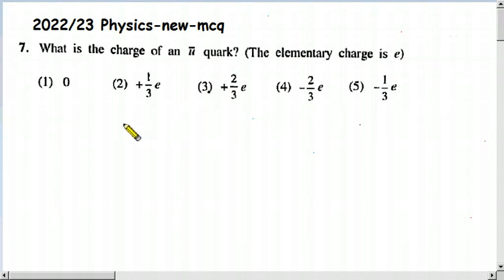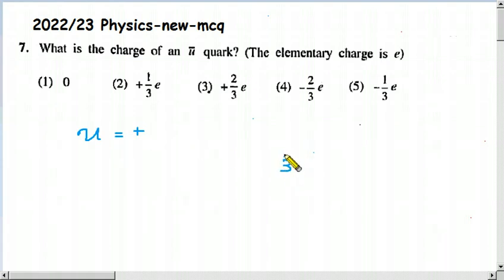So children, what do we know about up quarks? Before this anti-up quark, let us discuss a little bit about up quarks. If it is an up quark, first we have to write that it is positive. We can imagine that the sign is also up, that means positive, not negative. Also the magnitude must be greater.